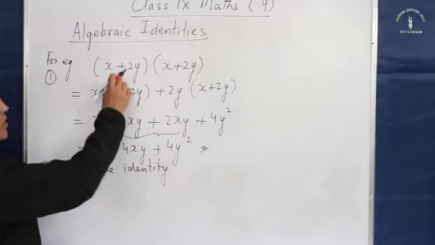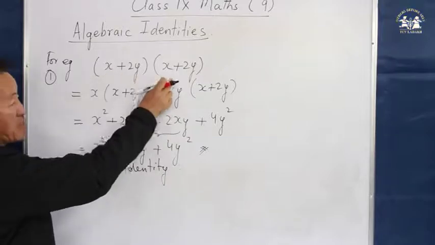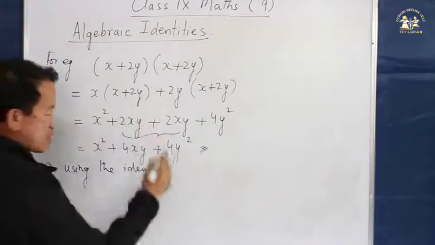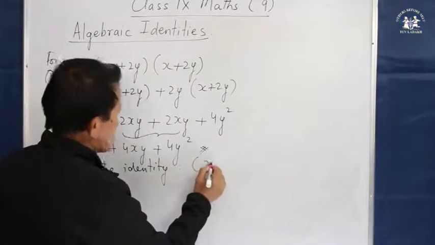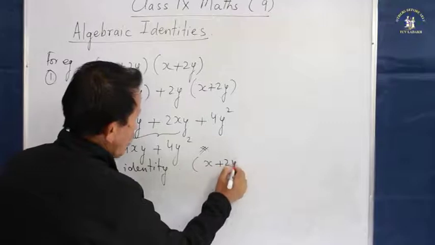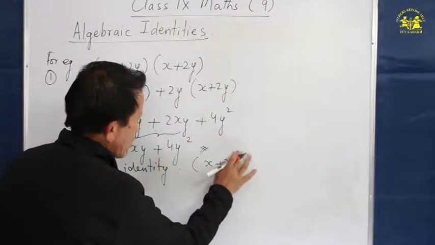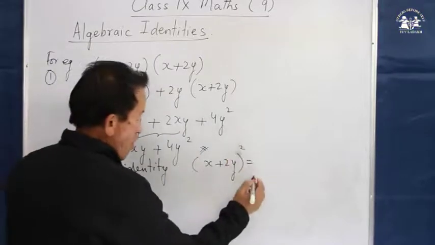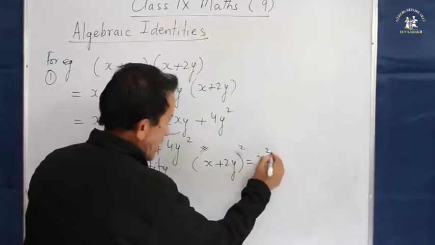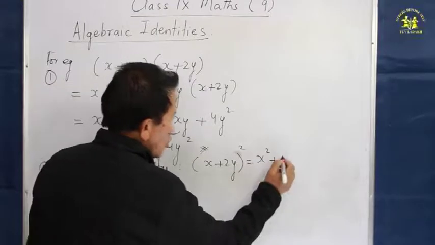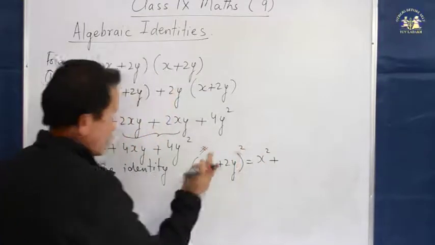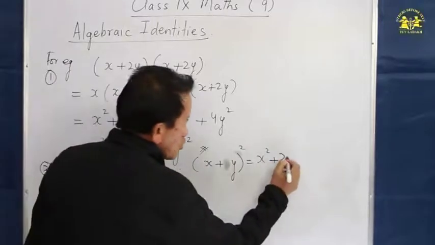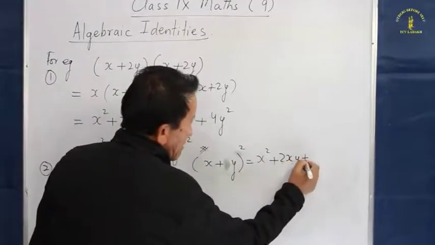Now check here, x plus 2y into x plus 2y is equal to x plus 2y whole squared, which is equal to square of the first term, x square, plus, no, the identity is x plus y whole square. So x square plus 2xy plus y squared.